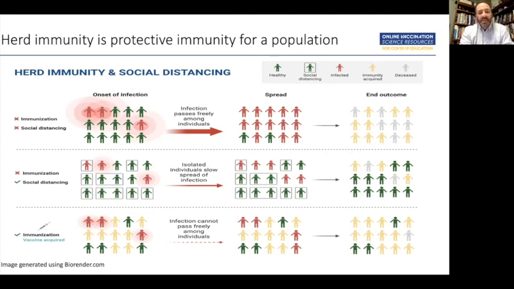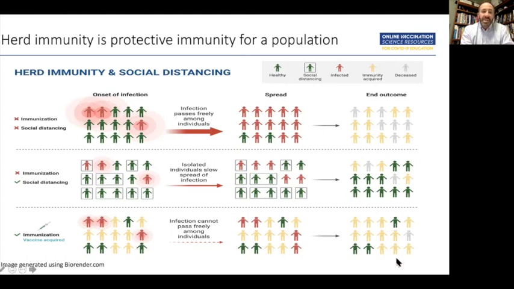We can stop the spread of the disease without having every single individual vaccinated and immune. However, we do need a critical number, and the estimate is typically around 70% of the population, so that people who may not be able to receive a vaccine are able to be protected due to the immunity of others in that population.